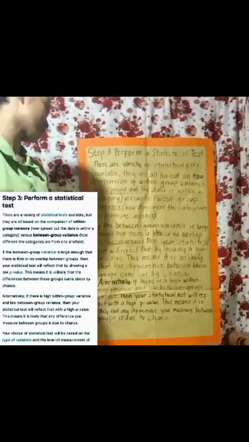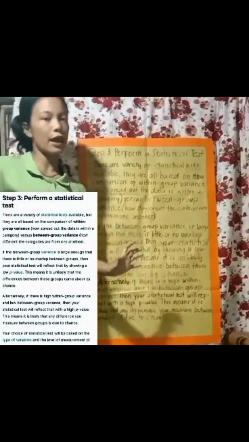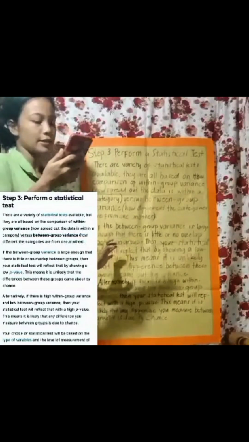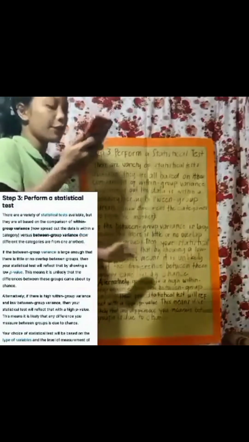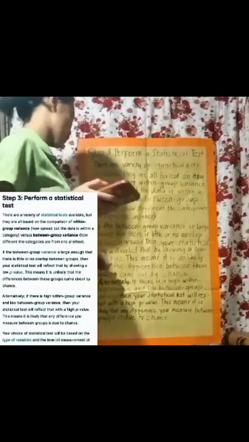This means it is likely that any difference you measure between groups is due to chance. Itaas ko nga ang difference between group variance and na siya gamay nga overlap, ang pasagot-an niya is the difference is significant and probably not by chance.